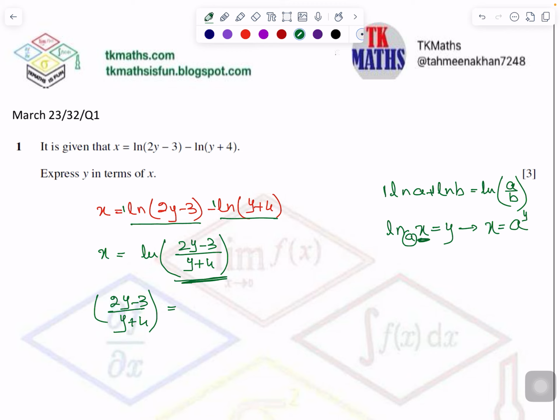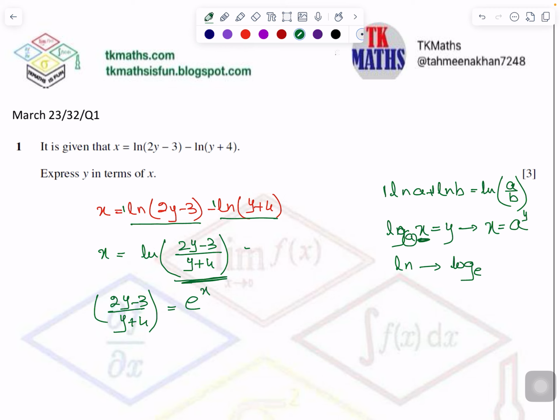Oh, I should have written lg, because if it is ln, the base is e. Either it is ln or lg, the log rule remains the same. When it is written ln, natural log, as we have seen in the first video, it means it has log base e. So it means e is there, so I can say e^x.